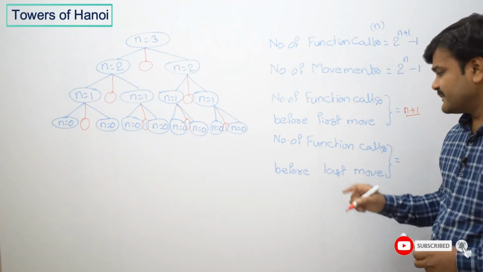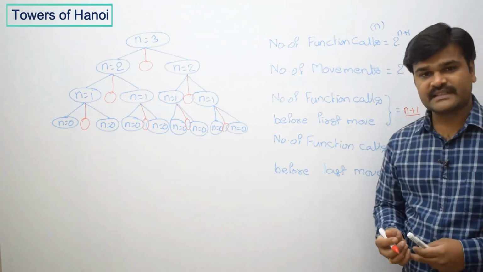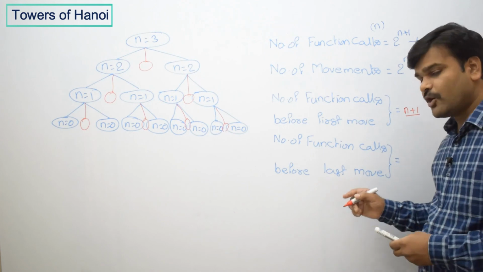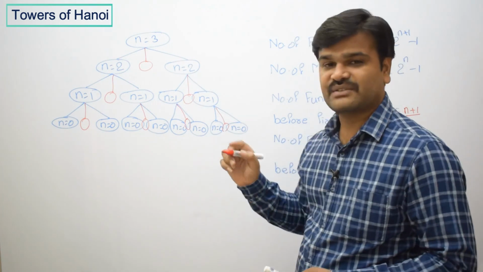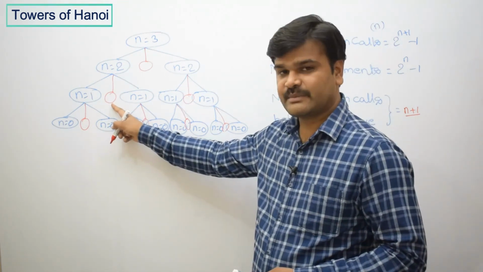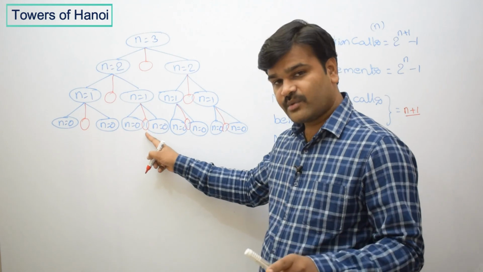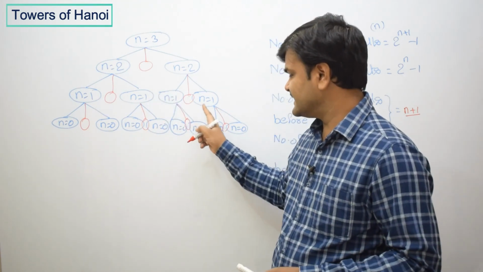Now let us try to answer the other part. This is the first movement, and what about the last movement? That means before the last movement, how many function calls happened? So where is the last movement? This is the first movement, then this is the next movement, then the third, fourth, fifth, sixth, seventh.